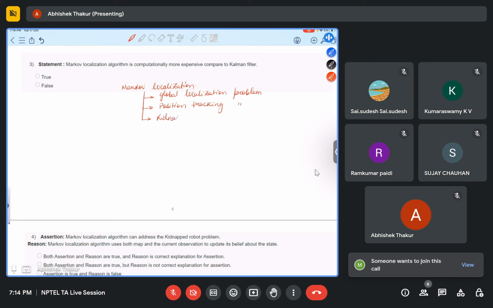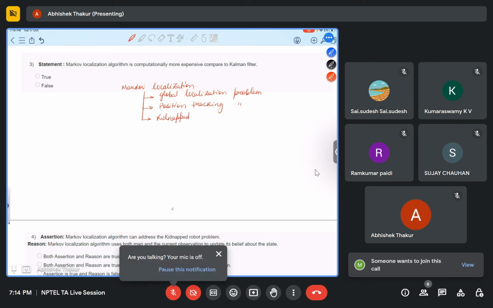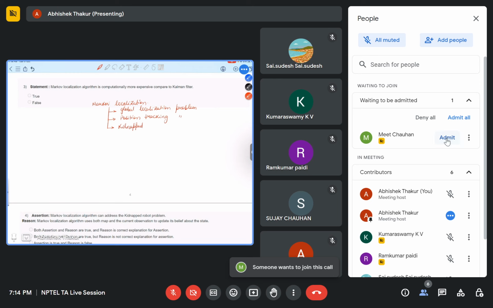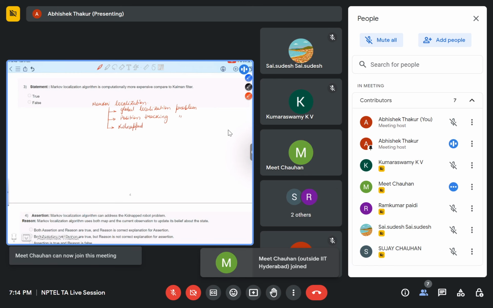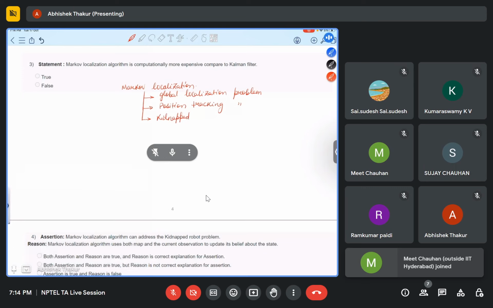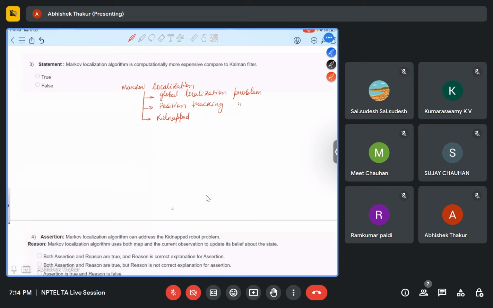What is the kidnapped robot problem? It is like during some time instance, we don't know the motion of the robot. So what will be the current position and orientation that we have to estimate? That will be difficult if the tracking is lost for a few time instances.